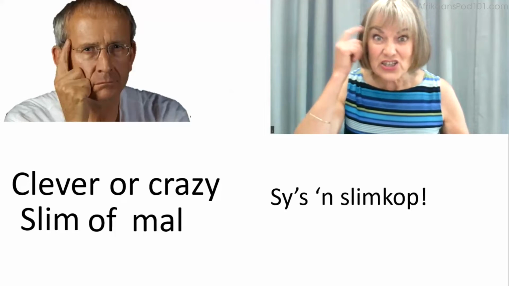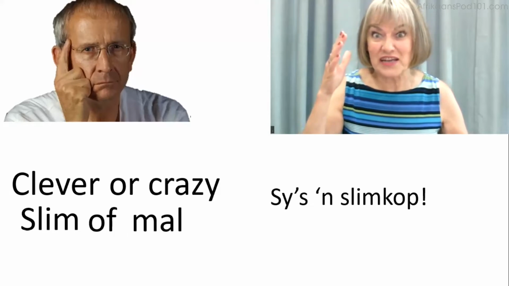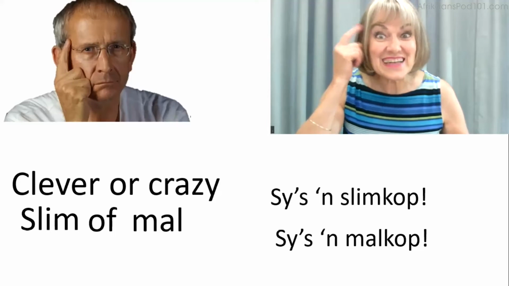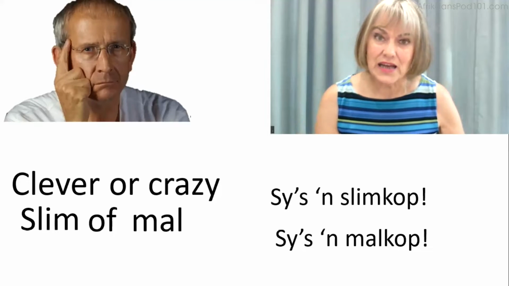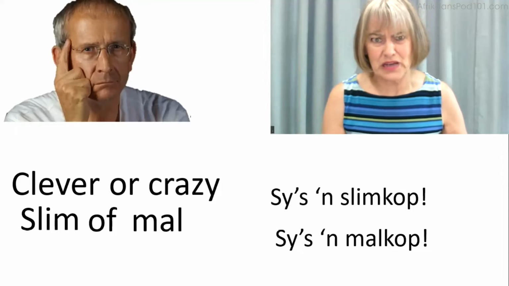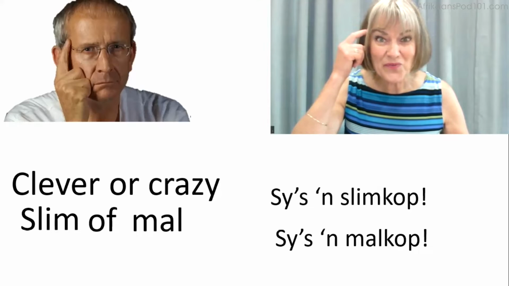That means she has a clever head. Or if someone is acting crazy, sy's 'n mal kop. Sy's 'n slim kop. Sy's 'n mal kop. Obviously, you would not use this if somebody really has a mental problem. That would just be unkind and rude. So let's try again. Sy's 'n slim kop.